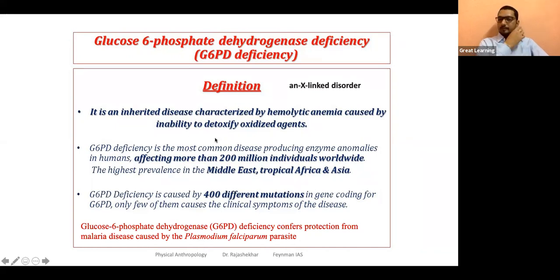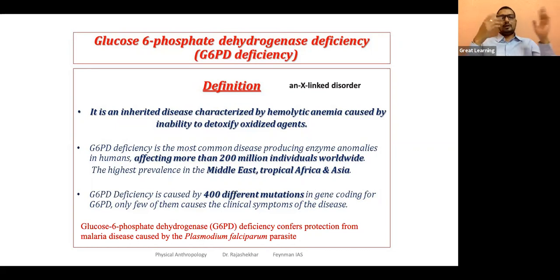And this problem is because of several mutations, not one. G6PD deficiency is caused by about 400 different mutations, not all together, but 400 different possibilities in a way. So the G6PD gene can carry several different mutations and they can result in the deficiency of this product.